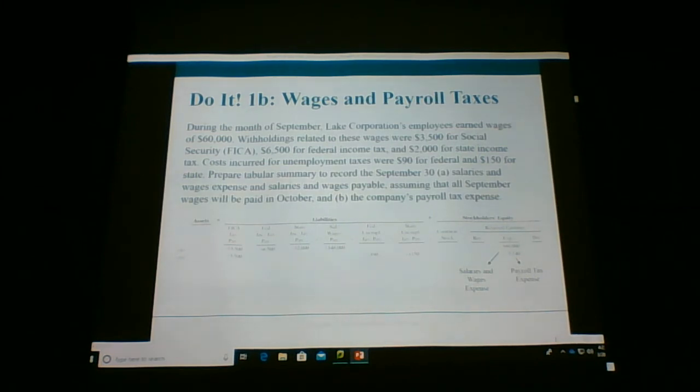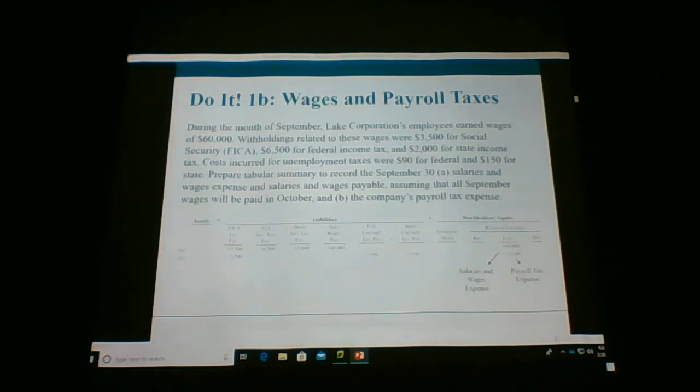Prepare a tabular summary, and so on. Okay, so I have a sneaking suspicion that you don't want to perform a tabular summary, so we're going to go through these and we're going to understand what has to happen for each of these items.